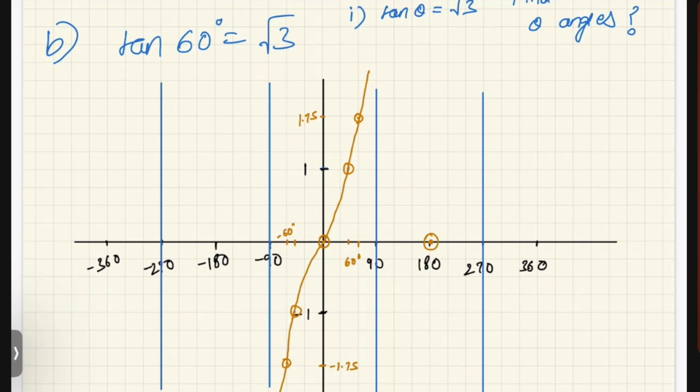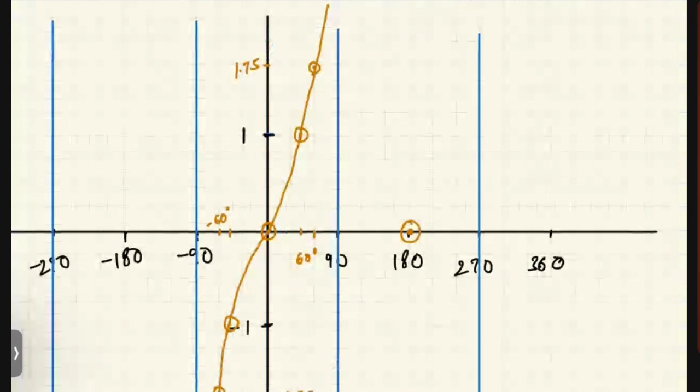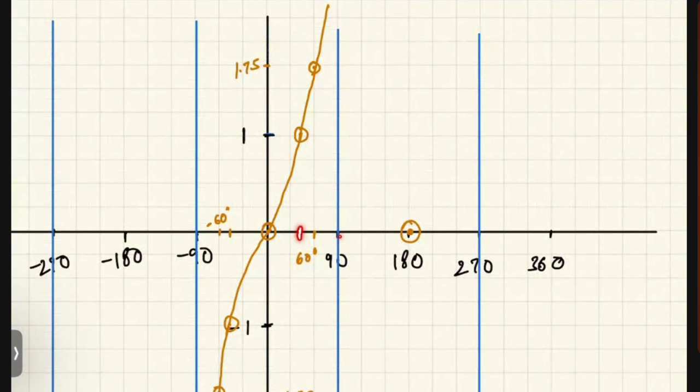Then remember that at the exact middle, from 0 to 90, and from 180 to 270, it's again a 90 degrees difference. Exactly in the middle, your value will be 1. And you can actually easily find it from the graph. 60 degrees was root 3. So here it will be how much? This angle.